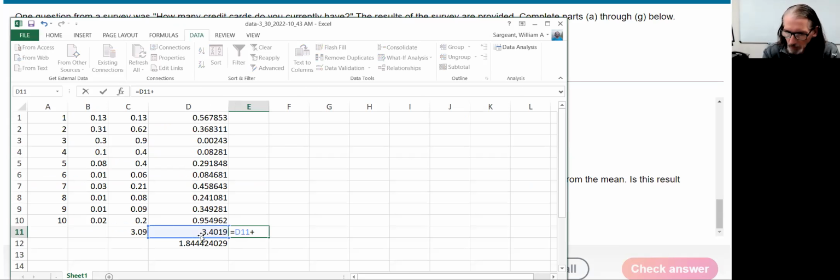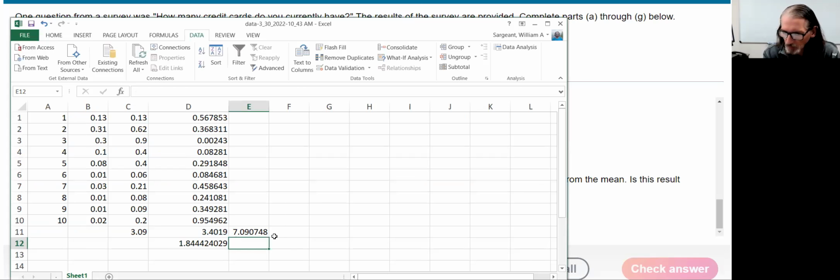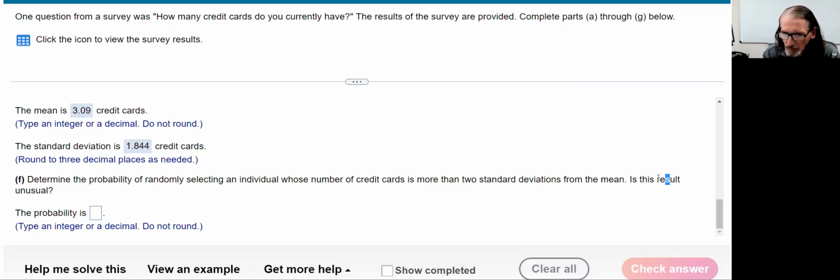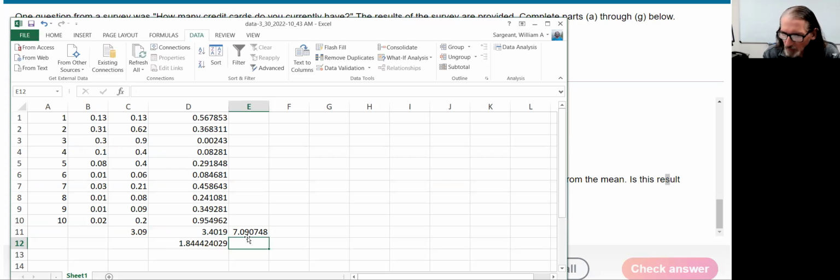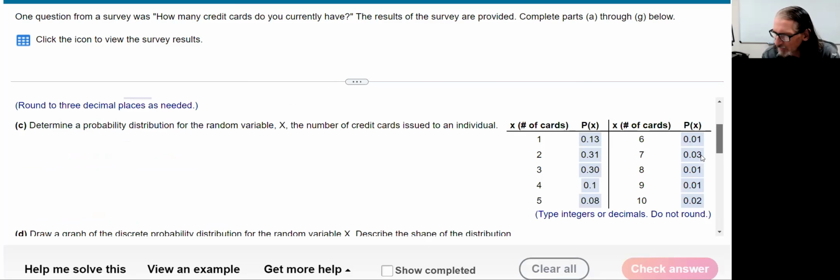So more than 2 standard deviations from the mean. I didn't do any further rounding besides what the calculator already had. So what would be the probability that they have more than 7.09? That means they have more than 7. They have to have 8, 9, or 10.